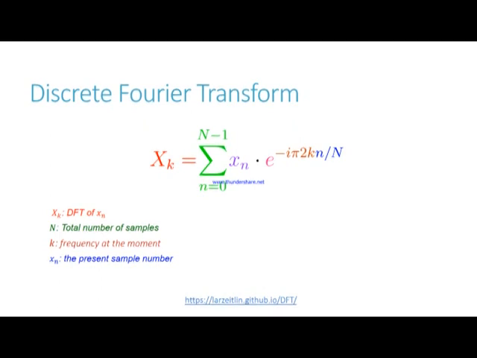And let me describe the discrete Fourier Transform as, let's say, capital X_k is the DFT of x_n, which is the sequence, and it is equal to the sum from n equals 0 to n equals the number of samples minus 1 of the n-th sample of our input signal multiplied by this complex exponential, which is e to the minus i times the rate of the complex sinusoid of 2π radians times k, which is the frequency at that moment, times n, which is the present sample number.